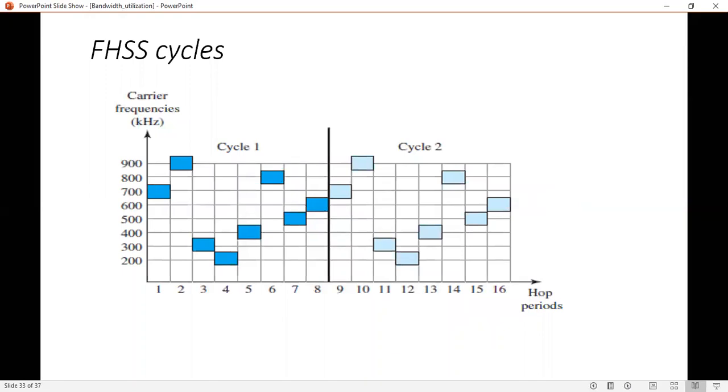The second hopping period selects 900, the third one 300, the fourth one 200, and so on, and the eighth one selects 600. Again the ninth one repeats, that is it selects 700, the first hopping frequency itself, again followed by 900, 300, and so on. The cycle repeats.